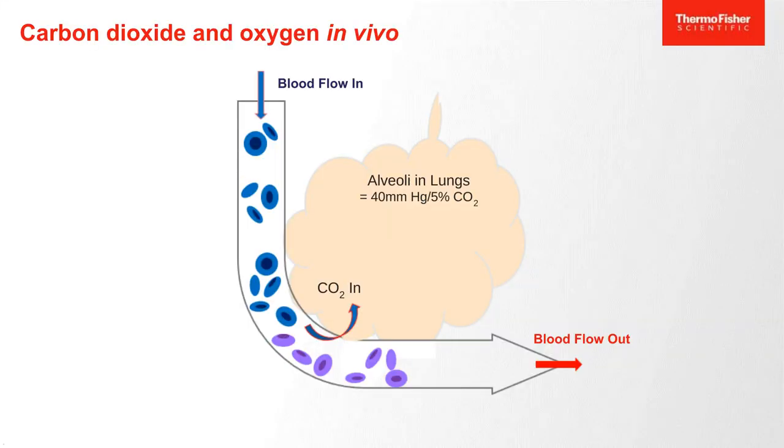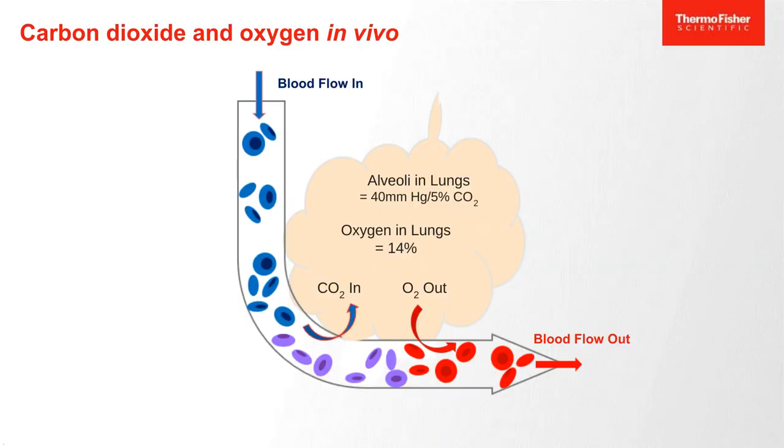And so you see that every cell in the body is putting out carbon dioxide as a waste byproduct of metabolism, such that the CO2 concentration in the lungs is pretty high. It's 5% CO2. That's different than the air that we breathe, which is currently about 0.04% CO2. So to mimic that physiological concentration, we provide 5% CO2 in the incubator. Most commonly, it really depends a little bit on what you're using for growth medium, and I'll talk about that in just a minute.